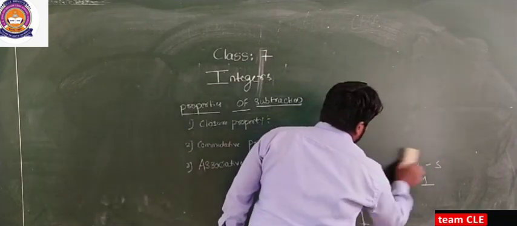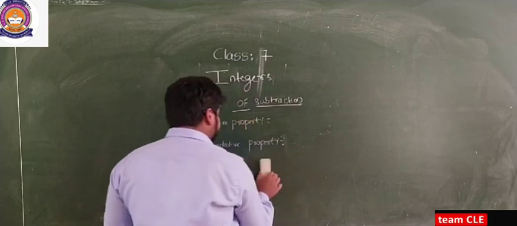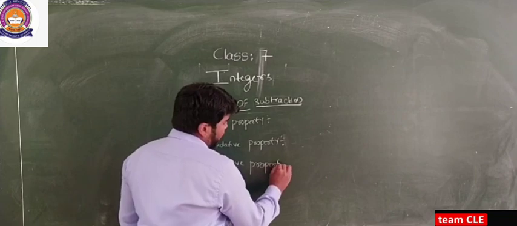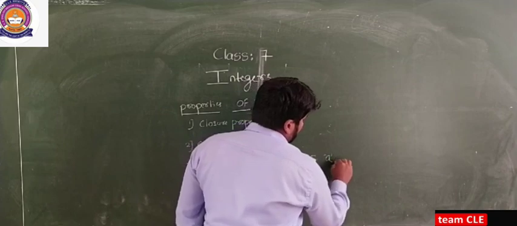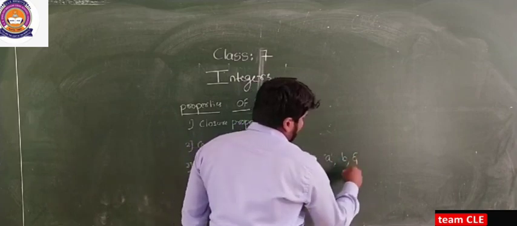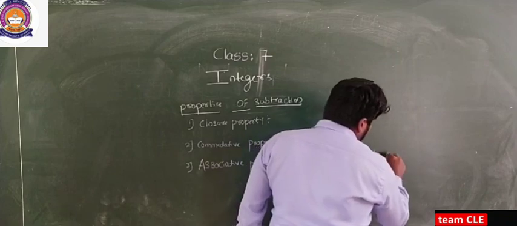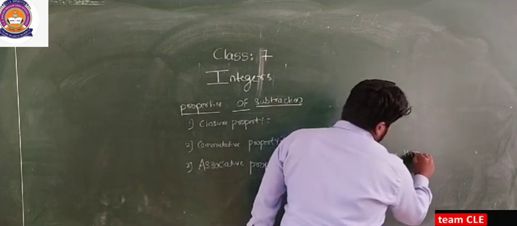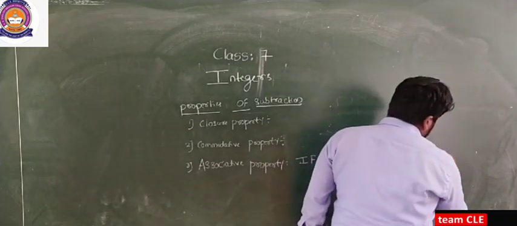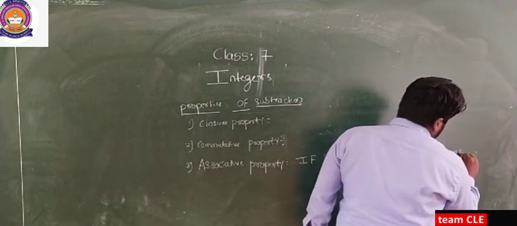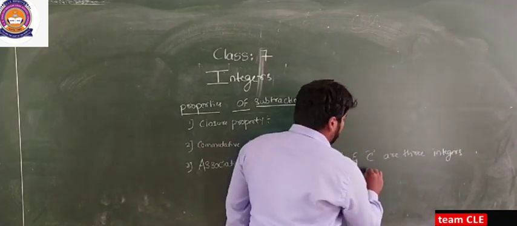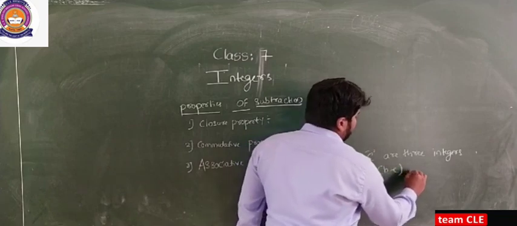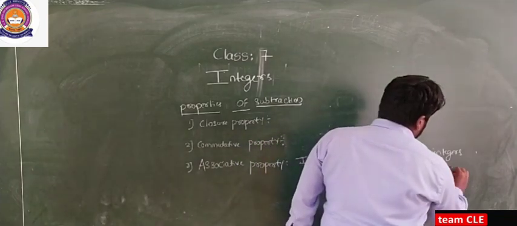The associative property says that if a, b and c are three integers, then a minus of (b minus c) is equal to (a minus b) minus of c.